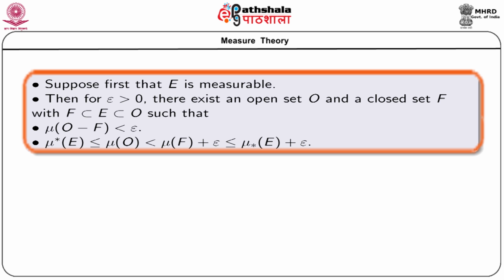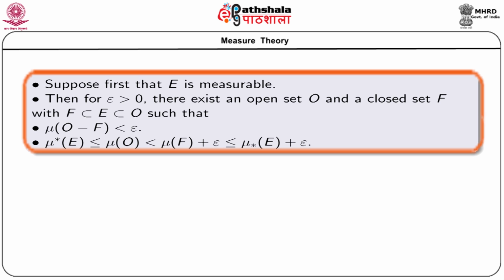But then if we consider the outer measure of E, since E is contained in O, mu upper star E is less or equal to mu of O, because mu upper star E is the infimum of all possible mu of O, where O is an open set containing E. Again, mu of O is less than mu of F plus epsilon.